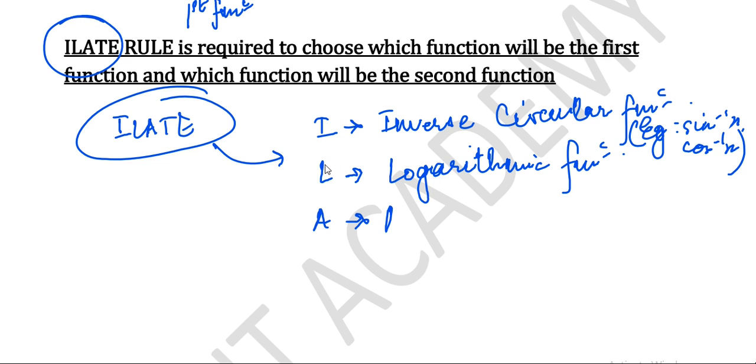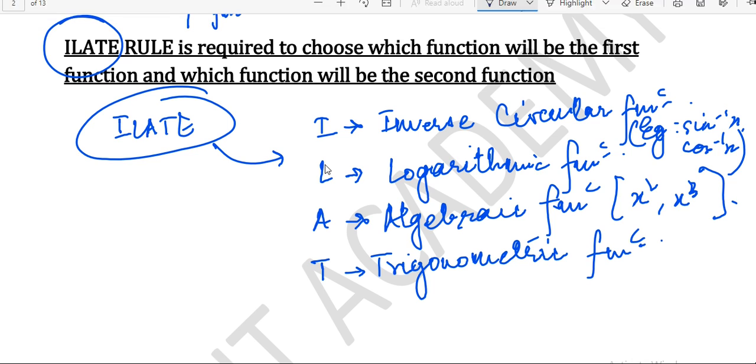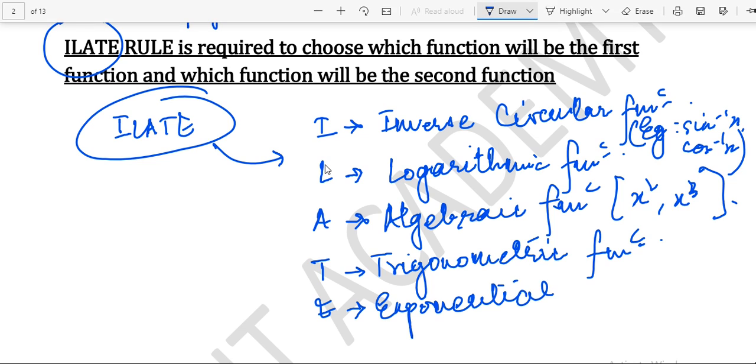A stands for algebraic functions, for example polynomials like x square, x cube, like this. T stands for trigonometric functions like sine and cos. And lastly we have E, exponential functions.